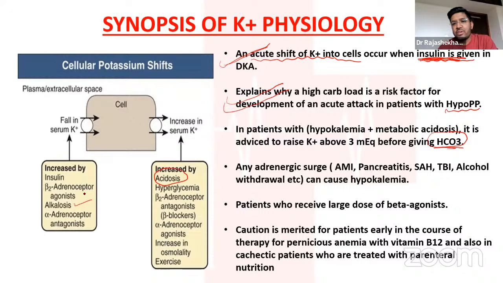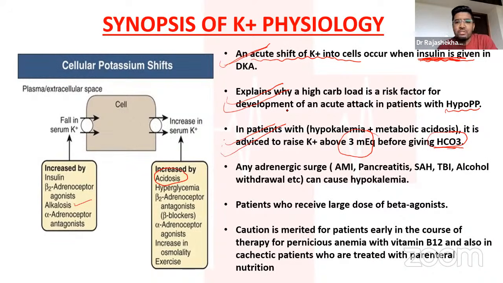That's why if the patient has coexisting hypokalemia with metabolic acidosis, you need to raise the potassium at least above 3 milliequivalents before giving sodium bicarbonate alone. Or it is always better to give potassium with bicarbonate. A potassium bicarbonate solution itself is available for these particular situations.